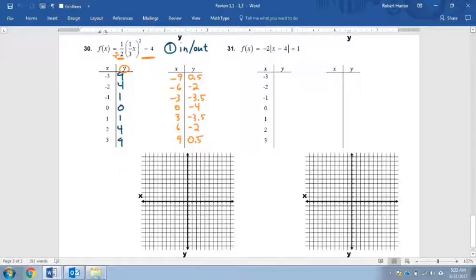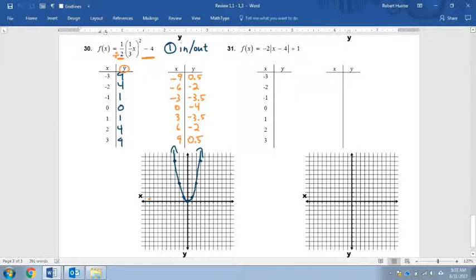Let's go ahead and graph your quadratic real quick. Yes, there's Mr. Hunter's beautiful handiwork yet again. All right, and then the other one, we're at negative 9, 0.5. We are at negative 6, negative 2.